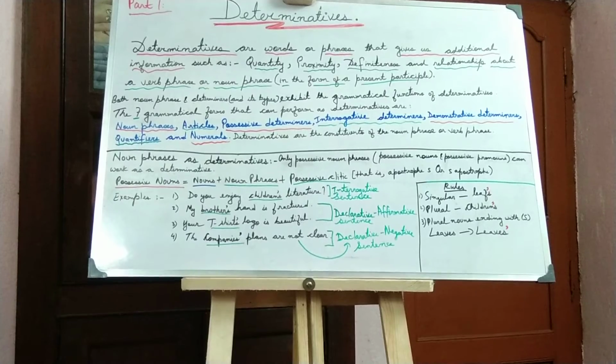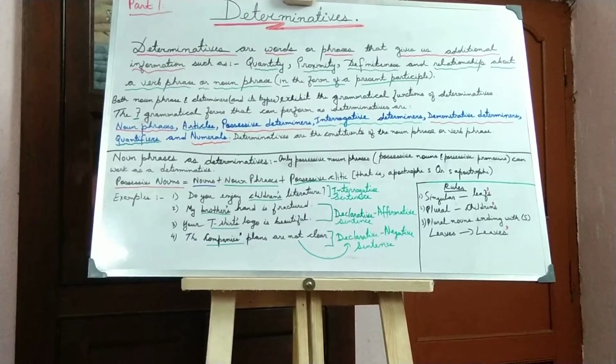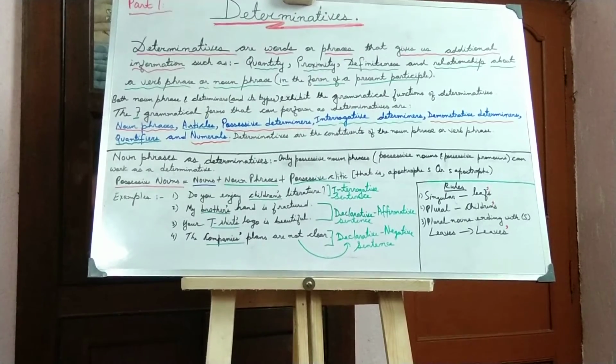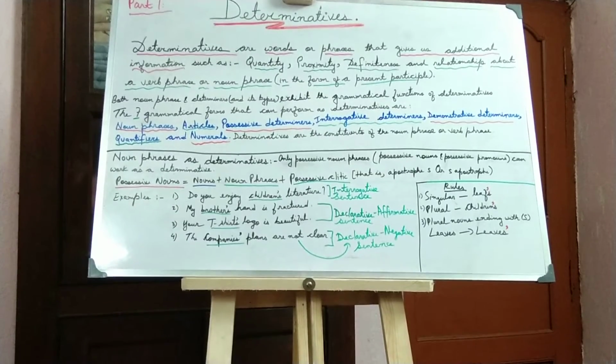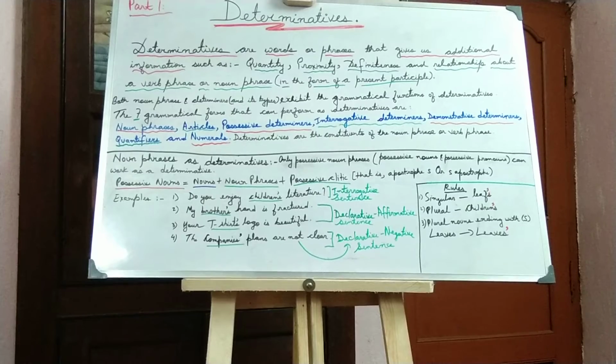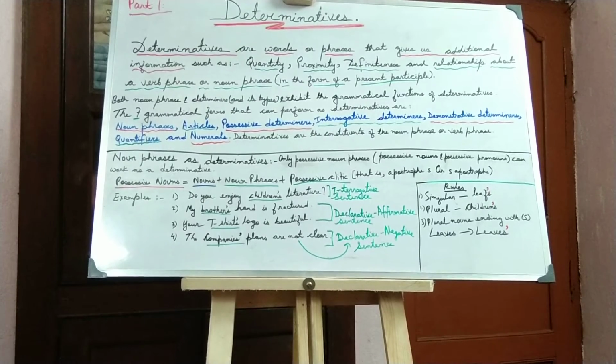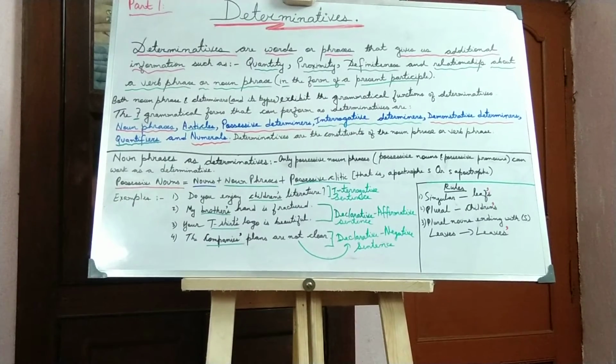So you can see that barring the noun phrase, the rest are types of determiners, and a noun phrase is such that it is introduced by a determiner. Determiner, that means it is a part of a noun phrase. But determiner is not a type of noun phrase, whereas the rest from articles to numerals are the types of determiners.